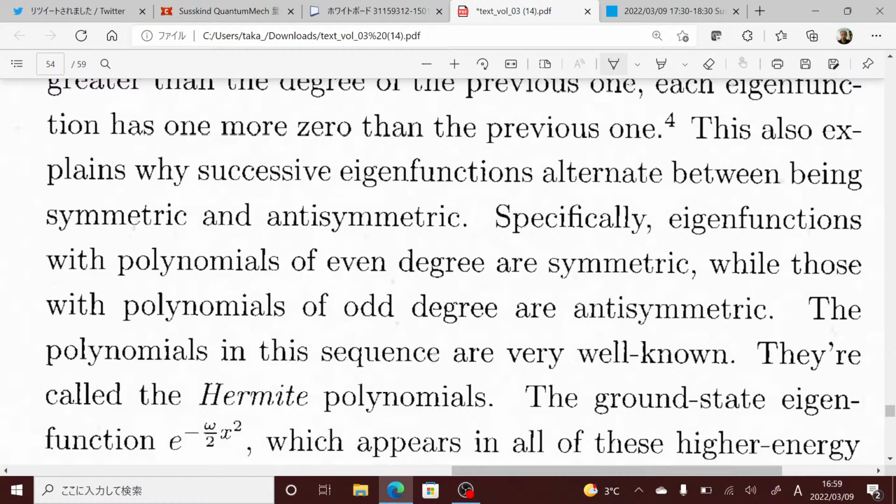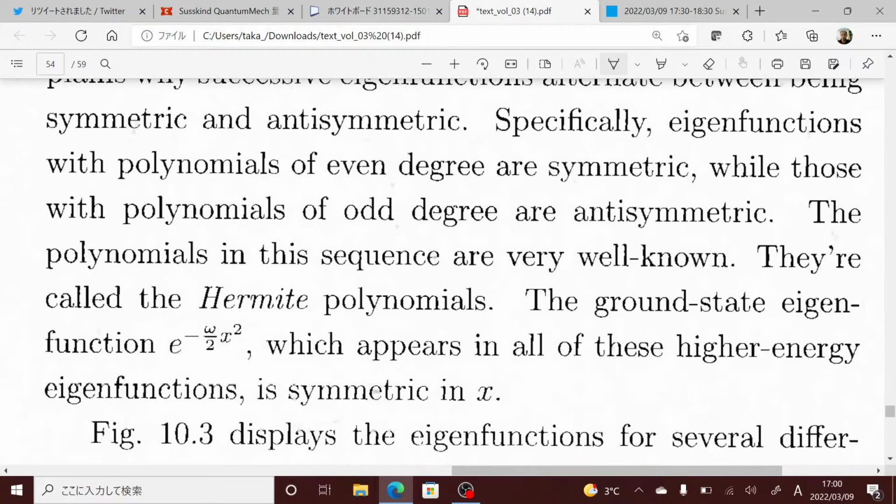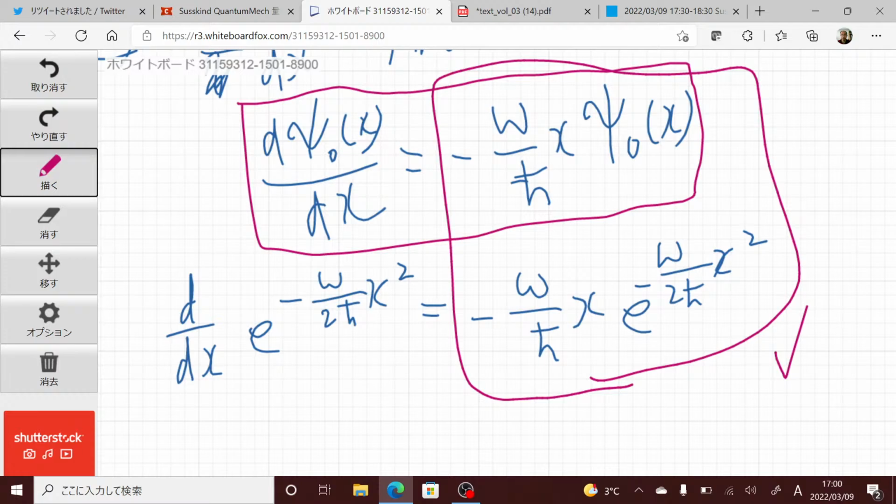They are called the Hermite polynomials. The ground state eigenfunction, e to the minus omega divided by 2 x squared, is this.